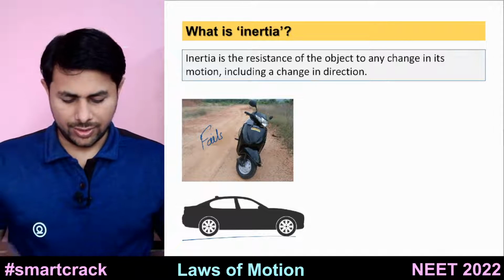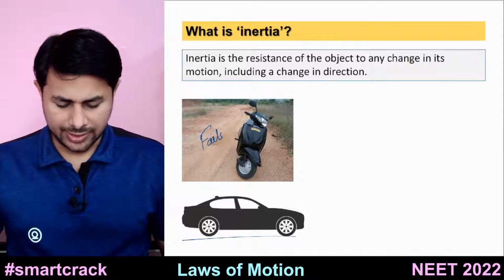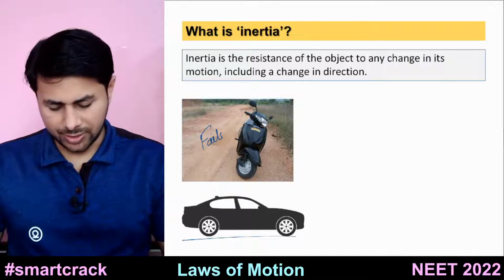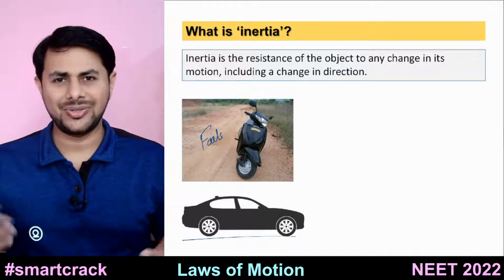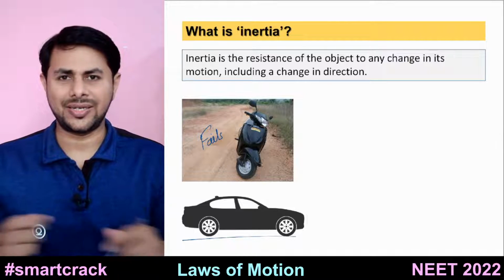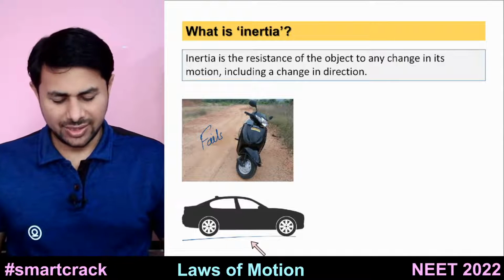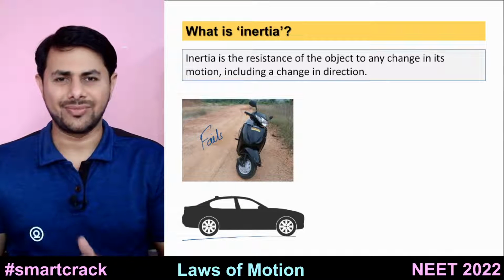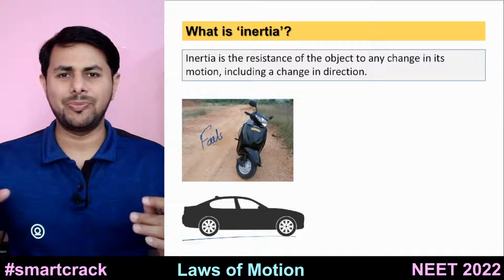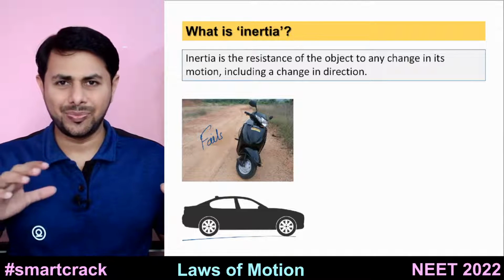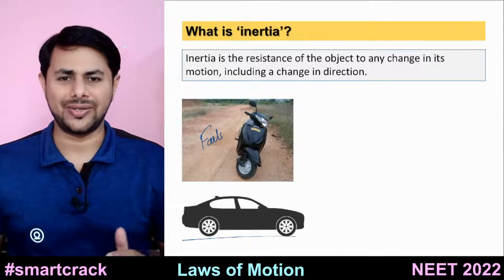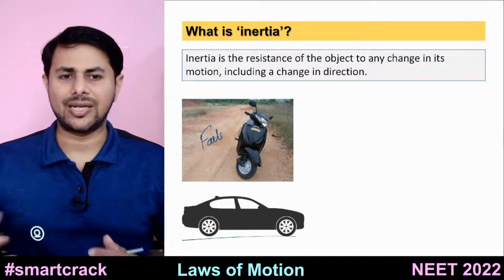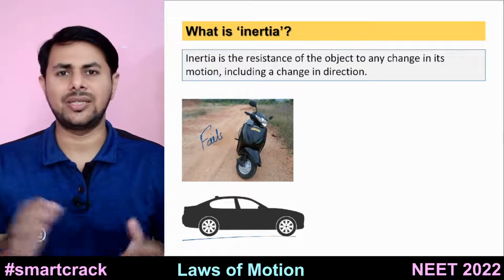Okay, so let's consider this example. Let's suppose there is this bike which fails on the road, and you can consider you are riding in a car and it also fails similarly. So we know that it will be much more difficult to push a car to the garage in comparison with the bike. Okay, so what is the difference between car and bike? The difference is in their masses.